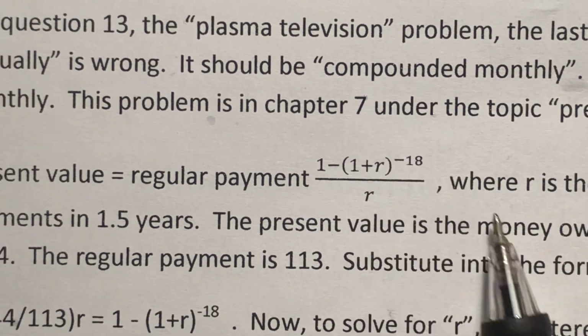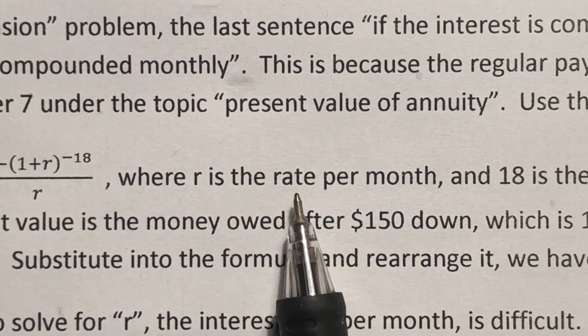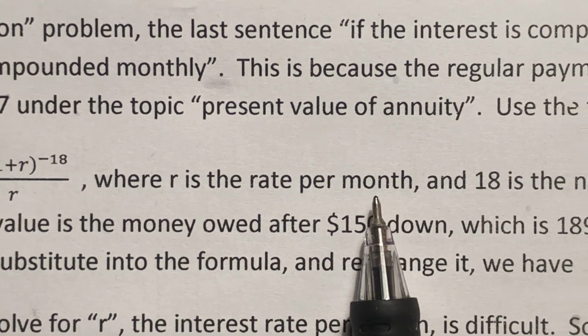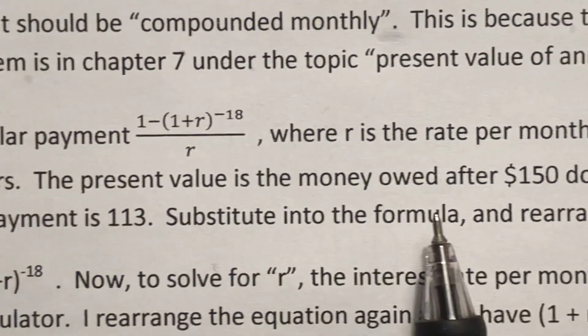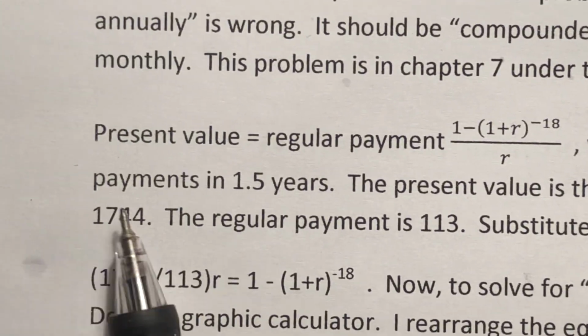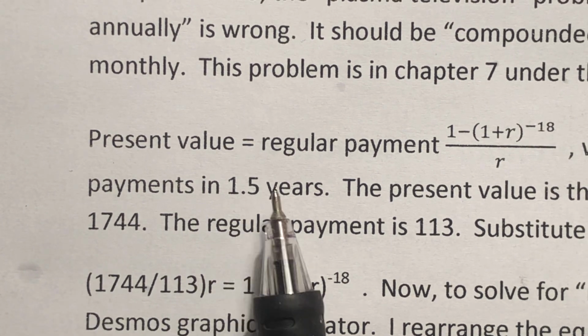In this question, r is the rate per month. 18 is the number of payments in 1.5 years.